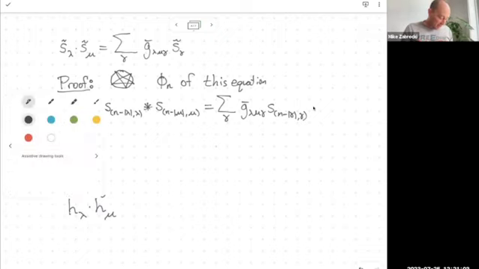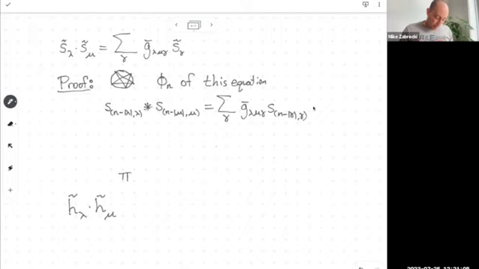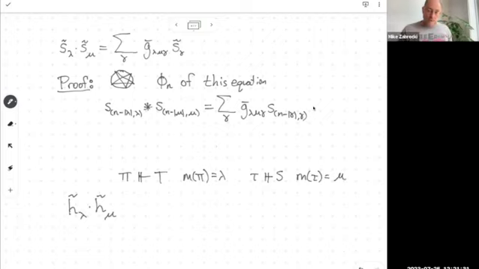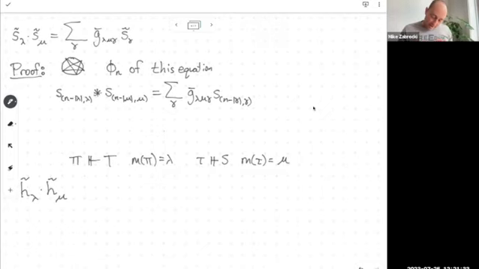So let's say that pi is a multiset partition of some set T, and m of pi is equal to lambda. And tau is a multiset partition of some set S, and m of tau is equal to mu. And I'm going to do this in such a way that T and S should have nothing in common.